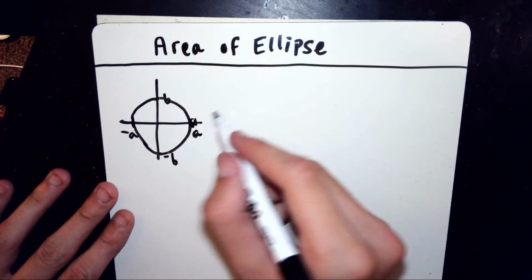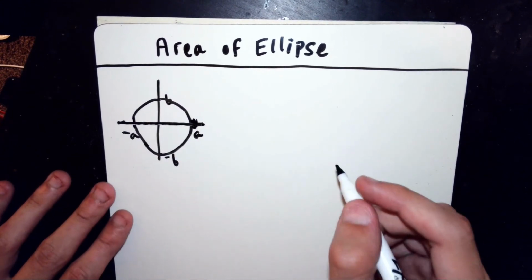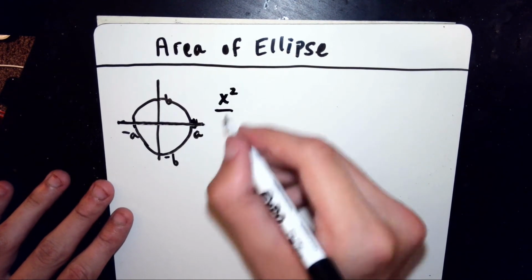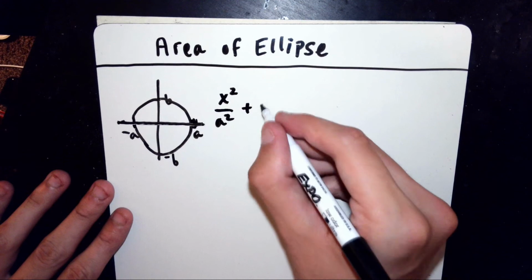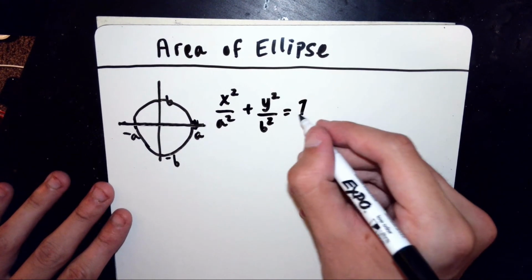Our major axis is here along the x-axis. So the equation of this ellipse would be x squared over a squared plus y squared over b squared equals 1.